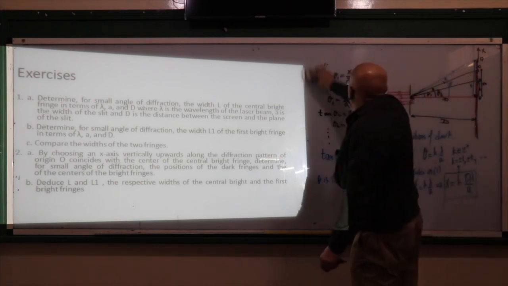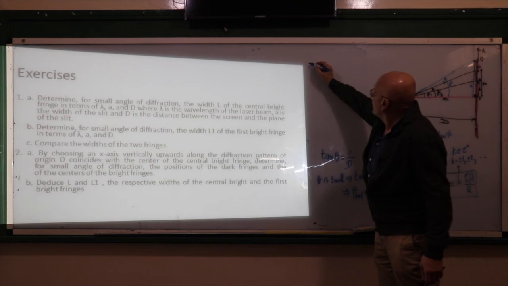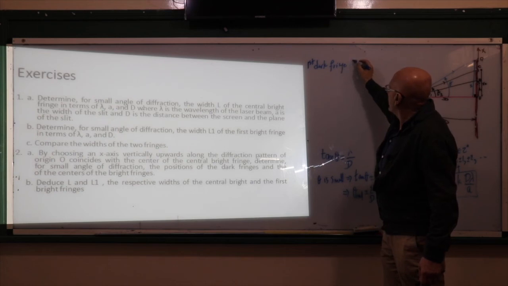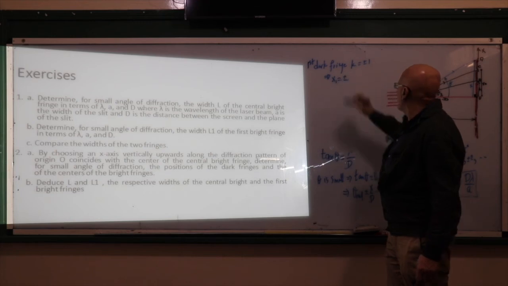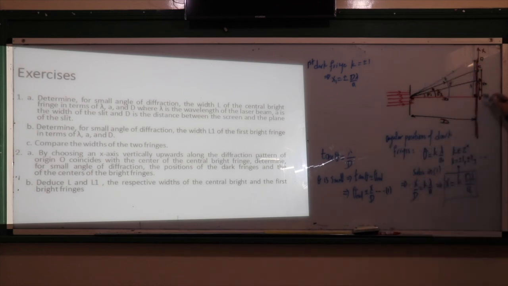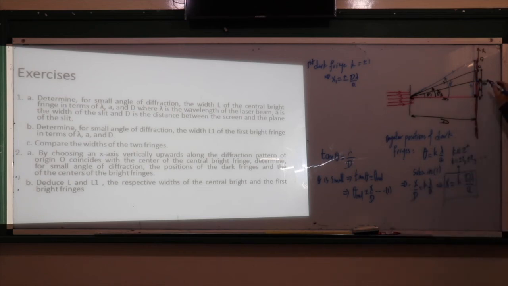So, notice here, if I take the first dark fringe, k equal plus minus 1, this implies x1 equals plus minus D lambda over a. What does this mean? This is x1, the abscissa of the first one, given by D lambda over a, and the symmetric one here is minus D lambda over a.